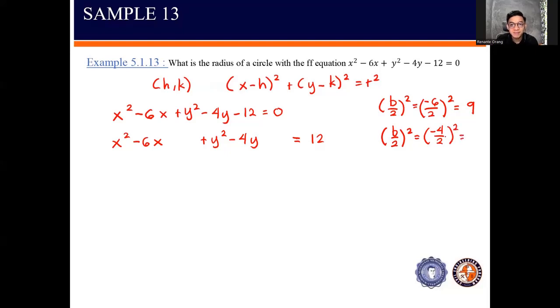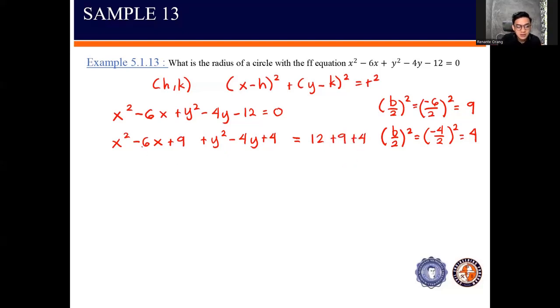Same as earlier, negative 4 divided by 2 is negative 2, and negative 2 squared is positive 4. Or you can just use your calculator to be sure. In all completing the square, what comes out is always positive because it is squared. So this is plus 9, this is plus 4. Same as earlier. Here it is plus 9, but when we move it to the other side, it becomes plus 9 again, and plus 4.